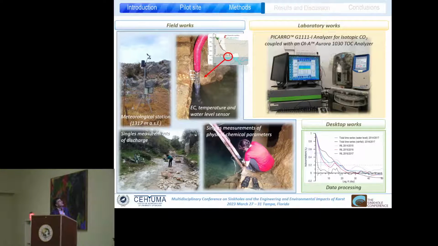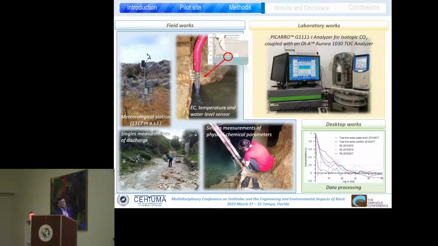And in the overflow spring, just here, we have continuous records of electrical conductivity, temperature, and water level.